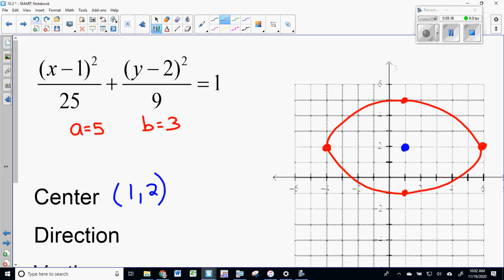Now, once we have our graph, I'll say mathematical term, which way is the long way? From here to here or from here to here? This way is the longer one, right? That means these 2 points here are known as my vertices.